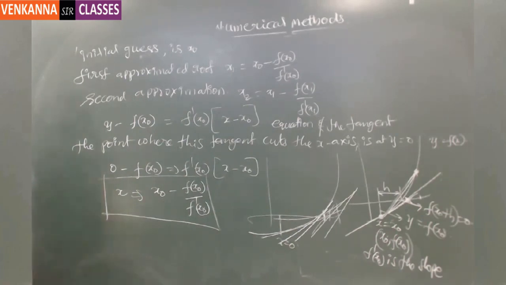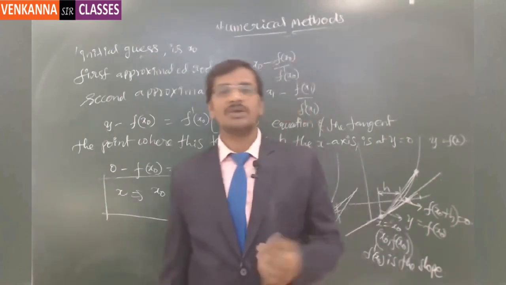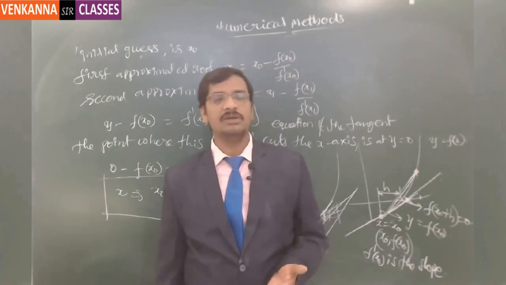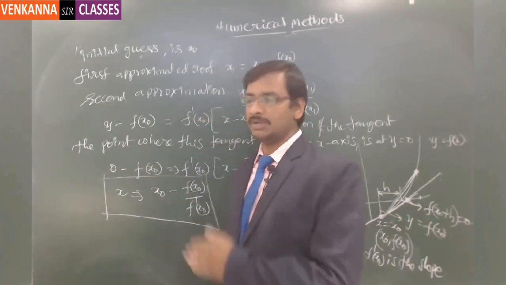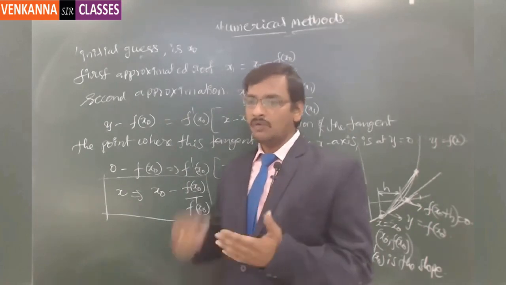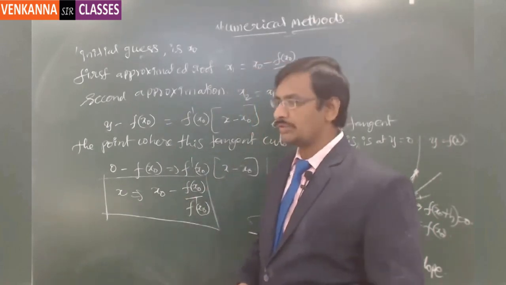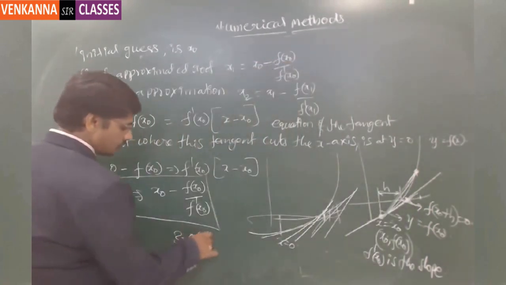See this. How many iterations? That depends on the accuracy we need. In the problem statement, he will clearly specify, for example, 3 digits after the decimal. When you do the iterations, suppose you have got the solution as, let us say, 3.0426.